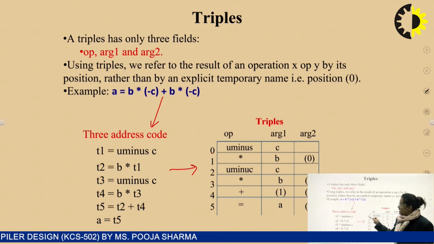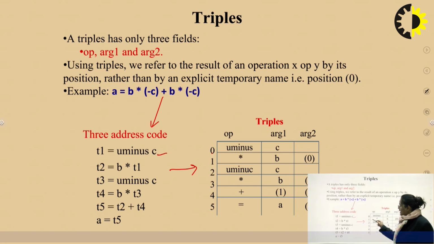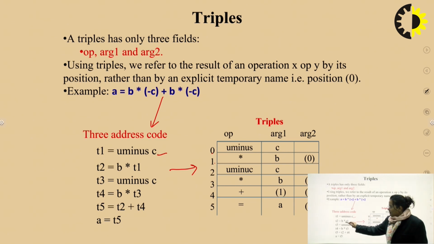At position 0, we store unary minus with argument 1 C. At position 1, we store multiply as the operator, B as argument 1, and T1 as argument 2.